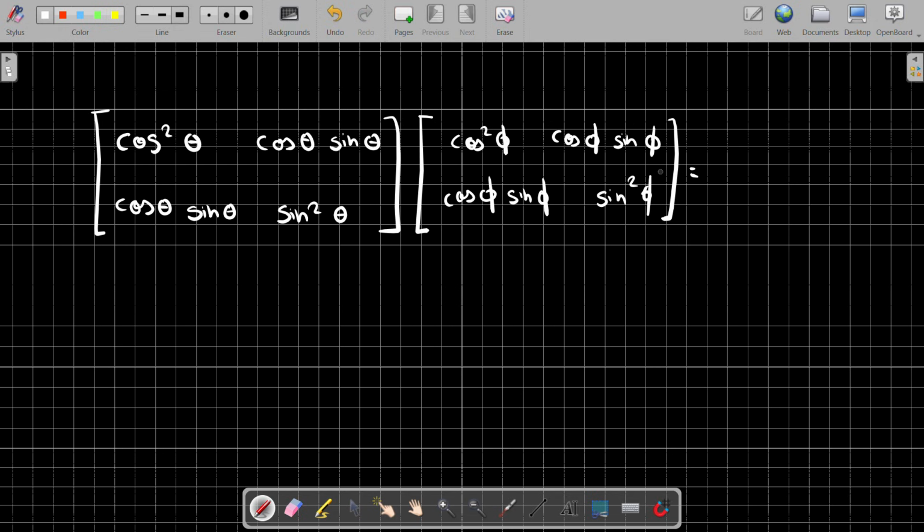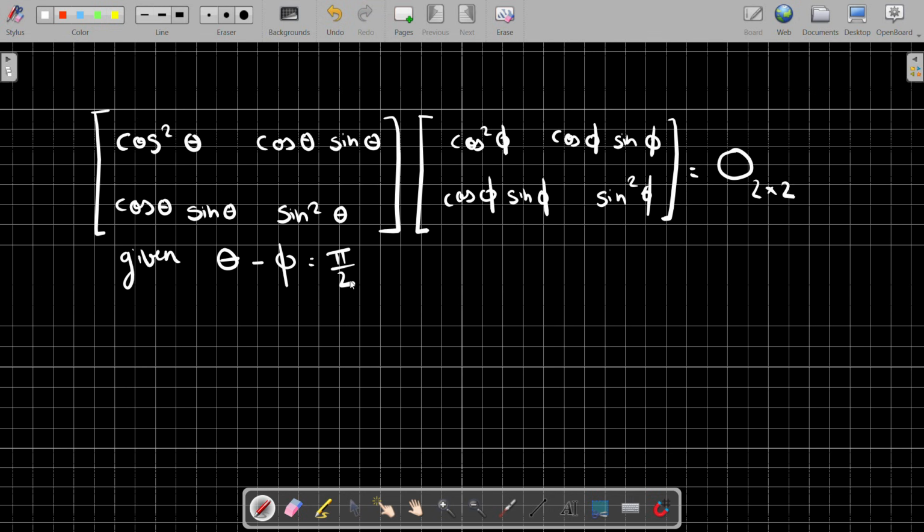Prove that multiplying these two matrices will give us a null matrix of order 2 by 2 under the condition given, theta minus phi equals pi by 2 radians.